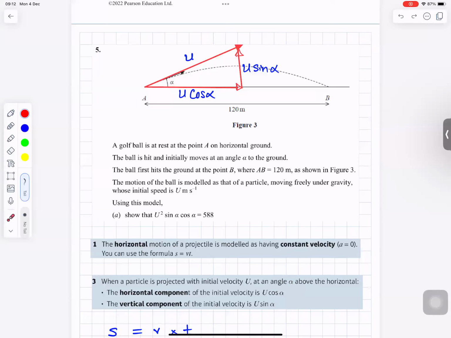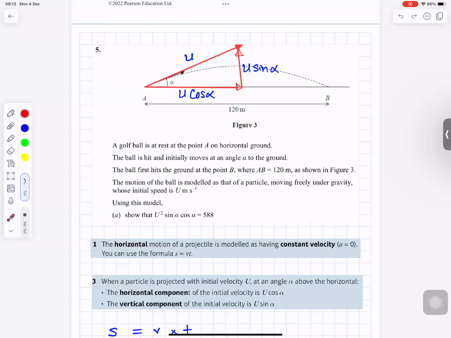The ball first hits the ground at the point B, where AB is 120 meters, as shown in figure 3. The motion of the ball is modeled as that of a particle moving freely under gravity, whose initial speed is u meters per second. Using this model, show that u squared sine alpha cos alpha equals 588.